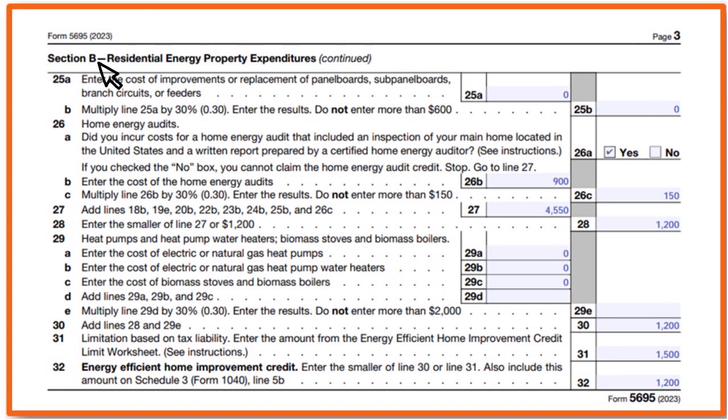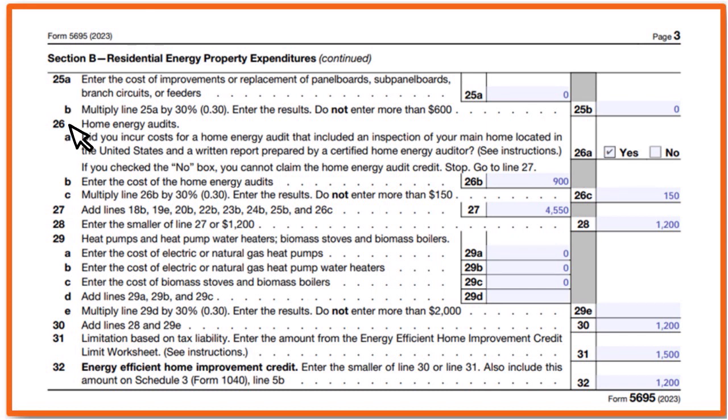When we talk about line 25A, you have to enter the cost of improvements if you have a replacement of panel boards, sub panel boards, branch circuits, or feeders, depending upon your situation. And here on 25A we have nothing, 25B we have nothing. So because it is zero, when you multiply zero by 30%, it's zero, of course.